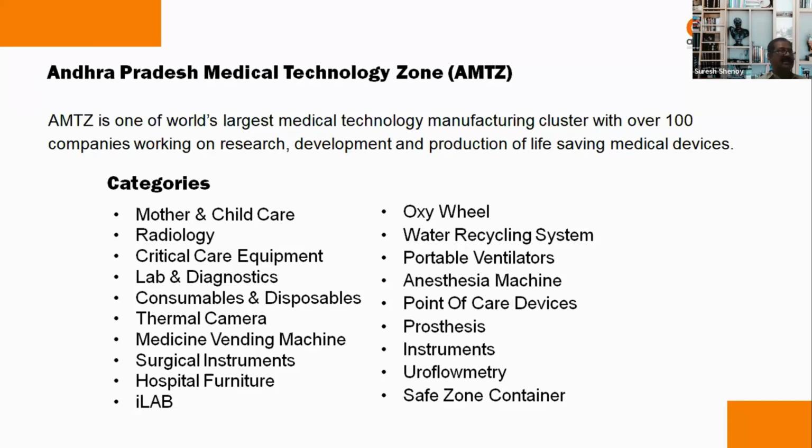When we discussed with them, for example, a 1.5 Tesla MRI is available at around 3 crores, against an imported one by leading companies costing somewhere around 7-8 crores. And they are guaranteeing that the performance is equivalent to the imported ones.